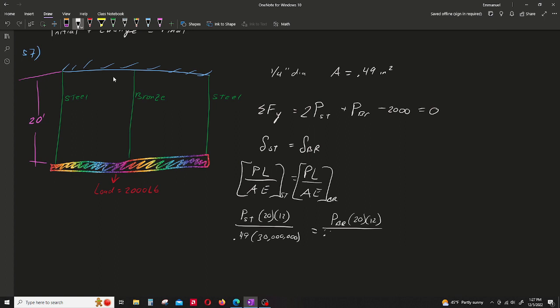And then we get 0.49 times 12 for our bronze there. All right, so now what we can do, I'm going to scroll down slightly here.